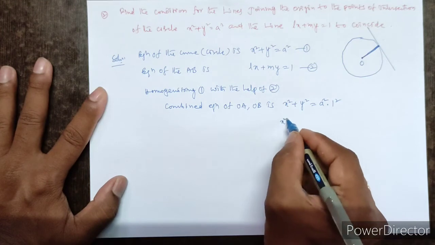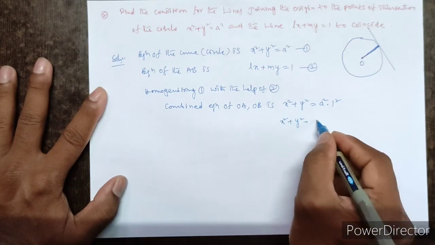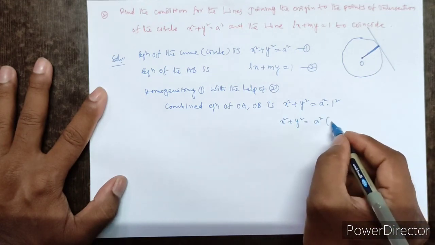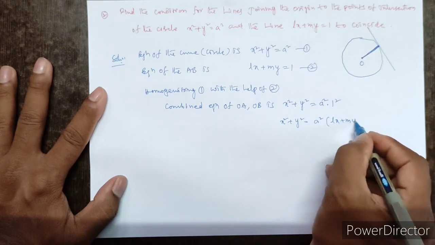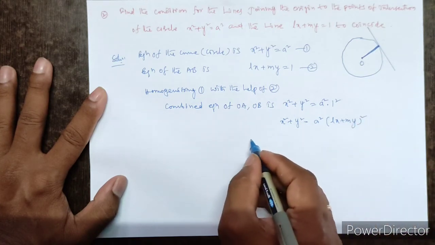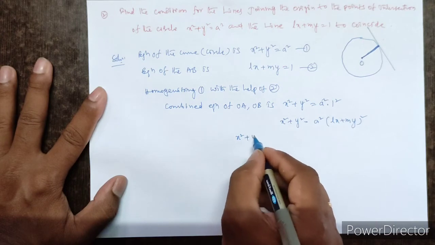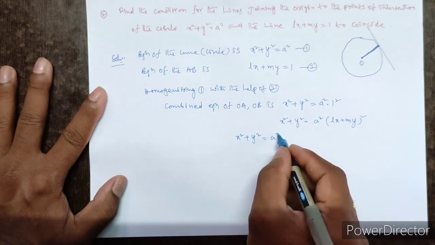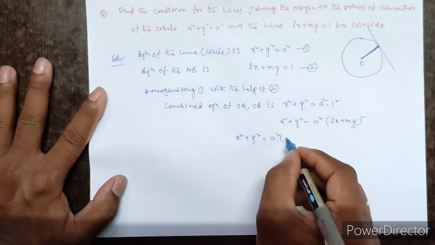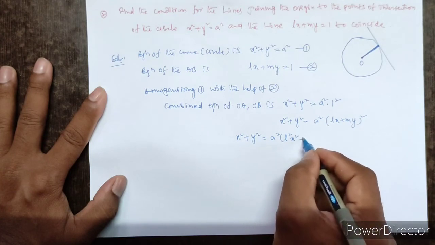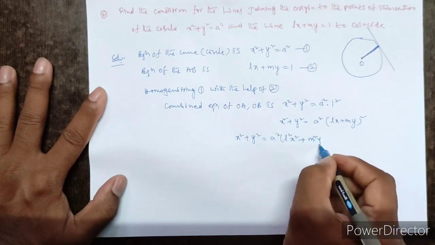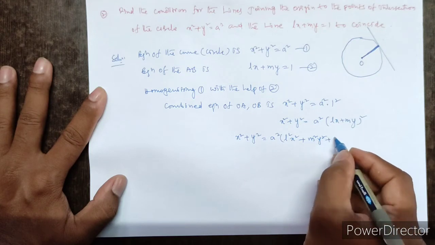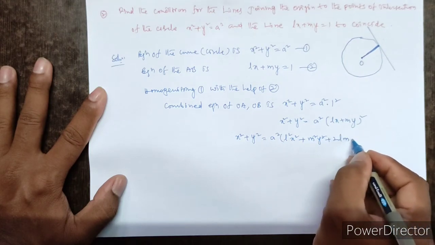Then x square plus y square equal to a square of Lx plus My whole square, that is a square of L square x square plus m square y square plus 2lmxy.